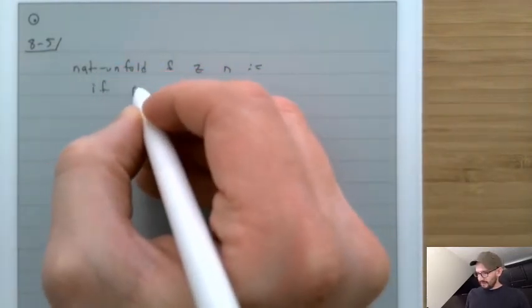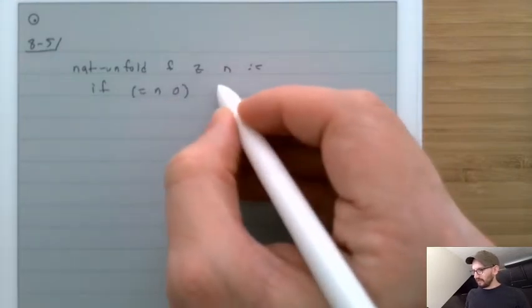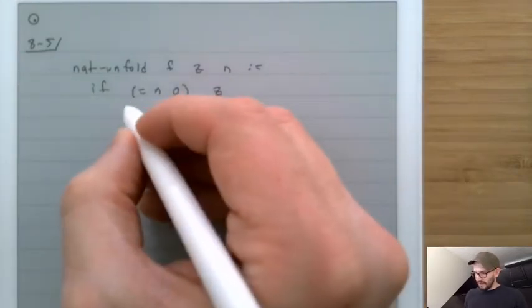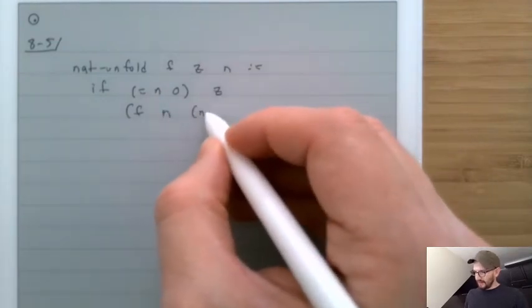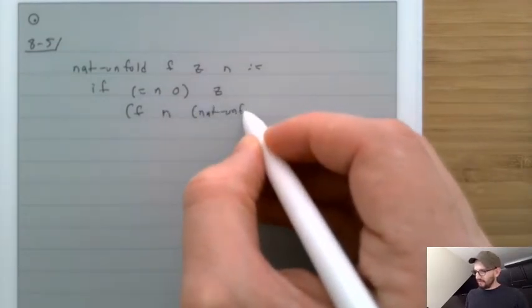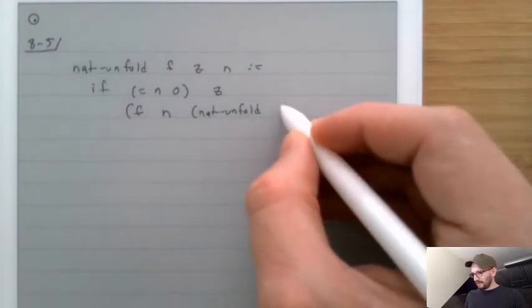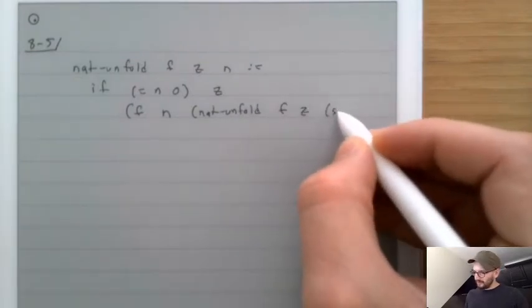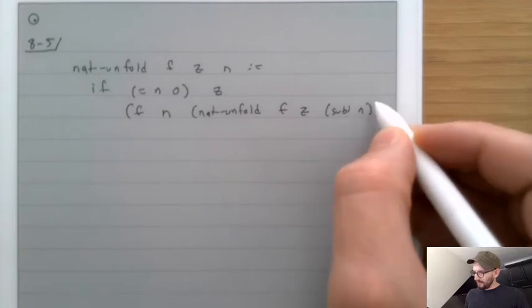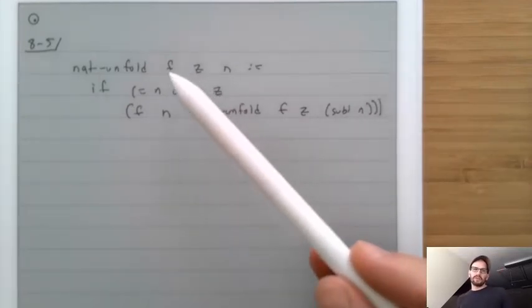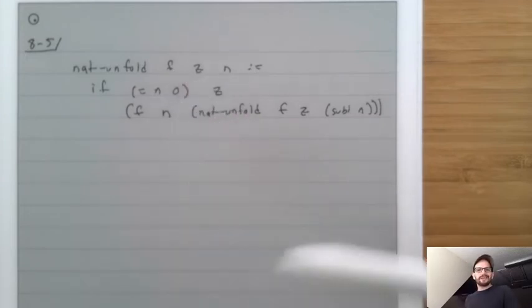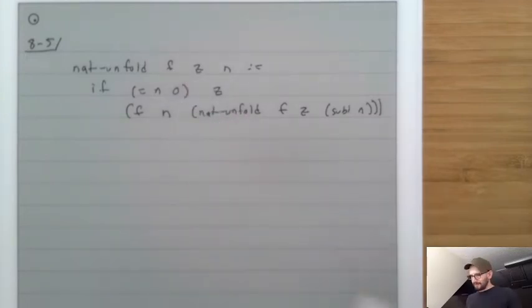If n is equal to 0, then return z. Otherwise, call f on n and nat unfold f z (n sub 1). So basically what nat unfold does is call a function f n times on z, kind of like how the lambda calculus works.